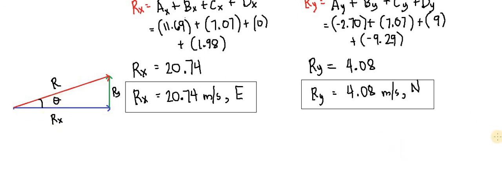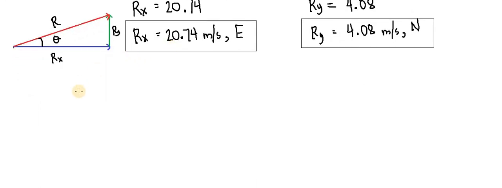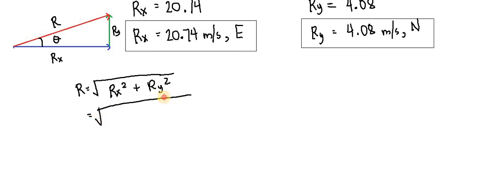And the next thing to do is to find the value of r. From that illustration, remember how you get your r. So, r is equal to the square root of your r sub x squared plus your r sub y squared. Okay, so we will have here the square root of our 20.74 squared plus 4.08 squared.